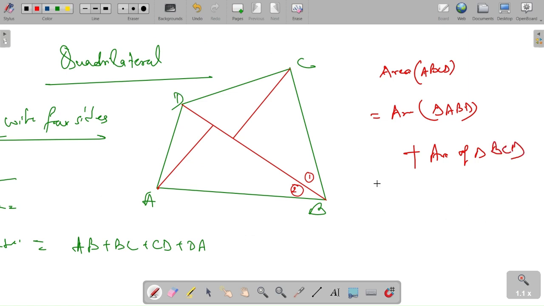which is equal to, see very carefully, half into BD into, say this is E and this is F, BD into AE plus half into again BD into CF.